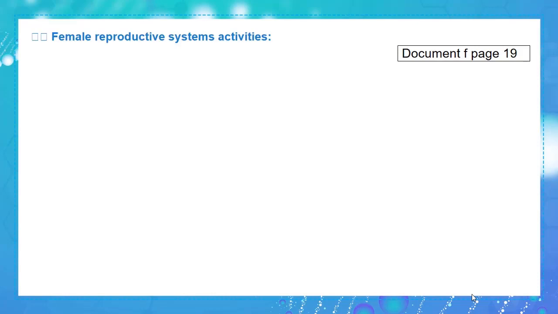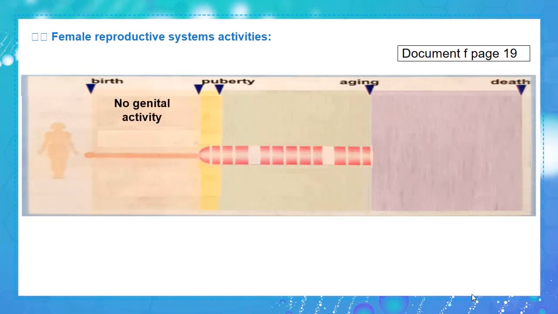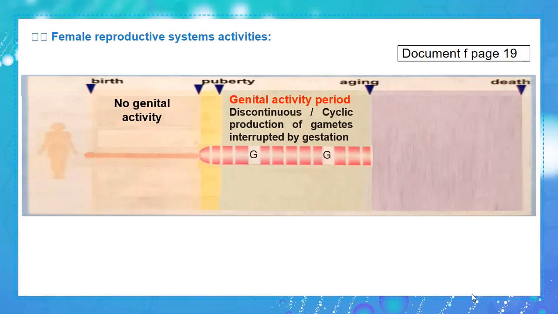Now, do you remember document F of document 1 of this chapter? I guess now you will be able to understand this document really well. Back then, you learned that the genital activity is cyclic, meaning that it happens every 28 days.